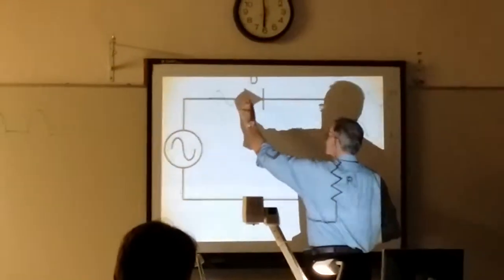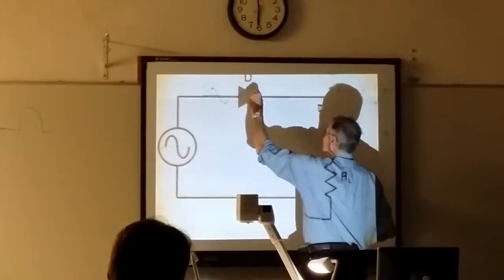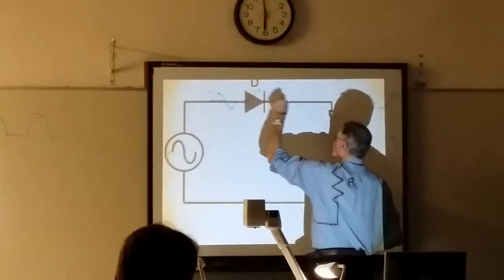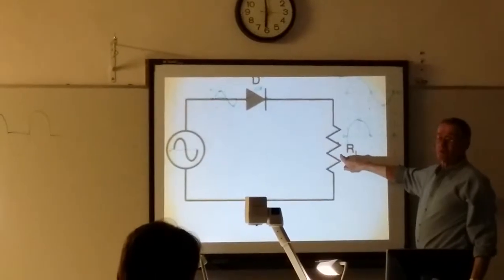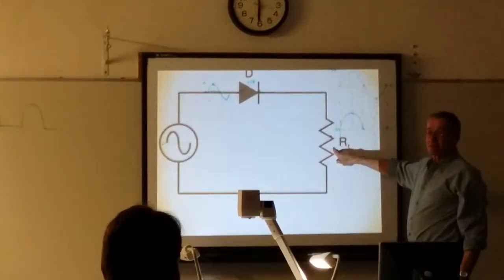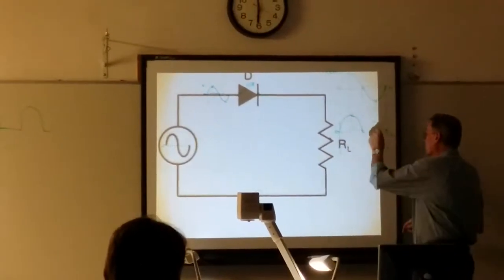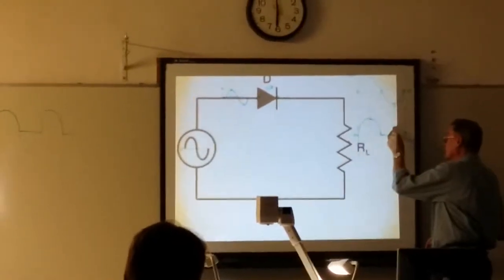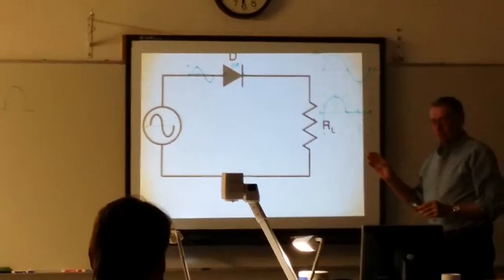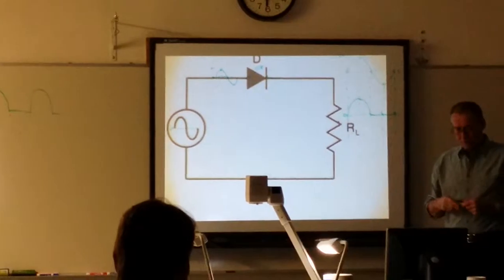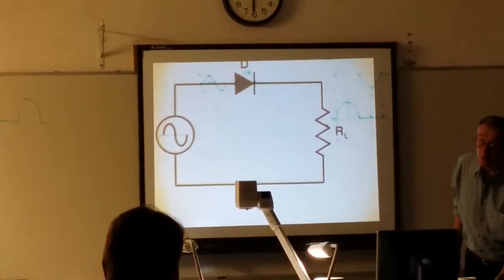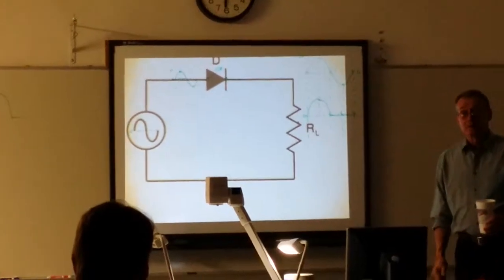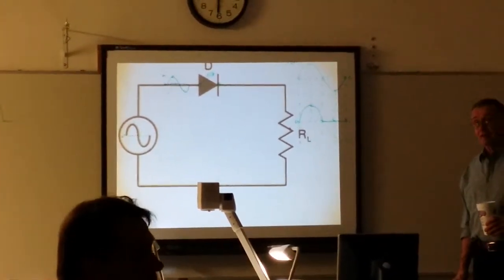Mechanically, it looks like this. It's open, so what are you going to get across the load? 0. So you connect the dots, done. That explains why with one diode you can generate a half-wave rectifier. In other words, you're eliminating the negative half of the wave.